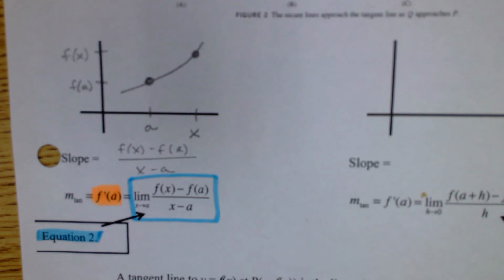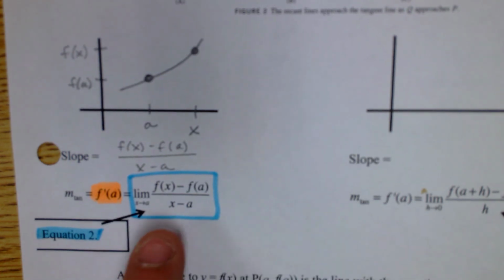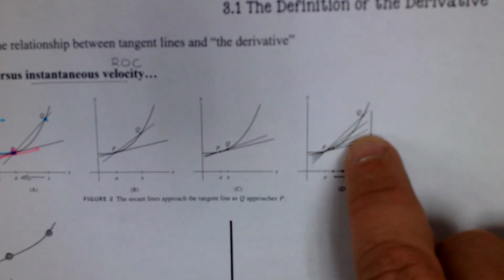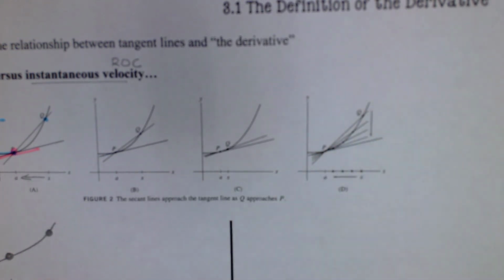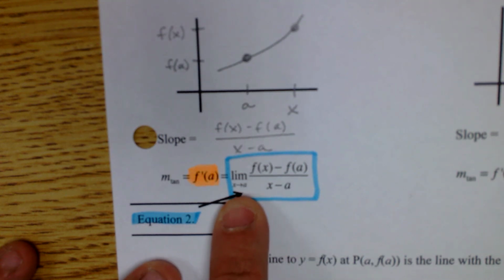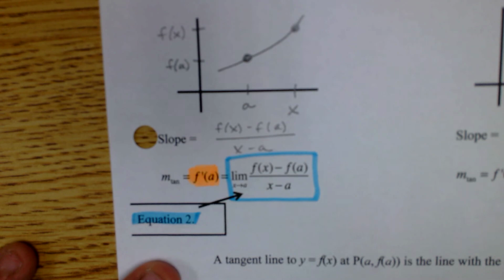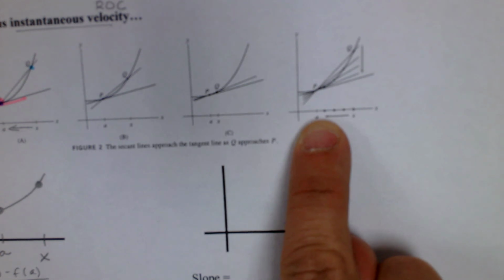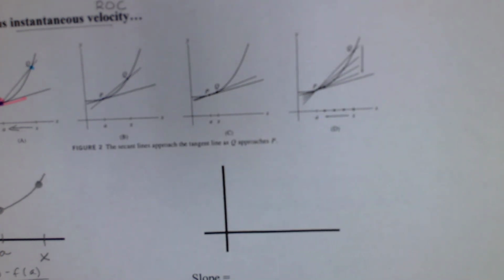So when we look at the derivative at A, what is the slope of the tangent line at A? What we're saying is, and I'm going to switch back up top here, if we can calculate the slopes of all of these secant lines over and over and over again, as x gets closer and closer to A, so x is approaching A, so take a look, x is moving closer and closer to A. As that interval gets smaller and smaller, it approximates the actual instantaneous ROC, or the slope of the tangent line.